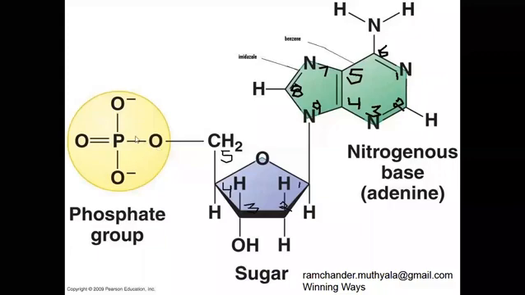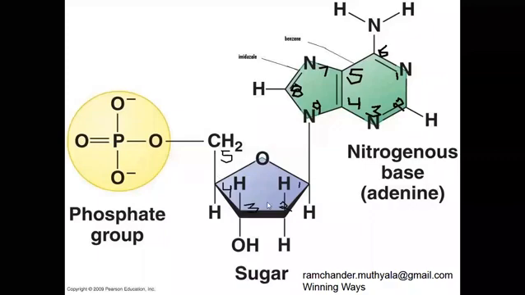One phosphoric acid is connected with two sugar molecules with two ester bonds, so we call them phosphodiester bonds. Phosphoric acid acts as a backbone of nucleic acid or nucleotides.